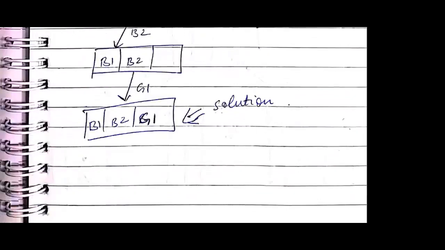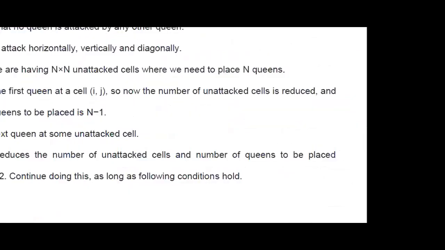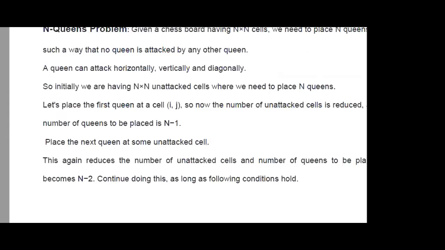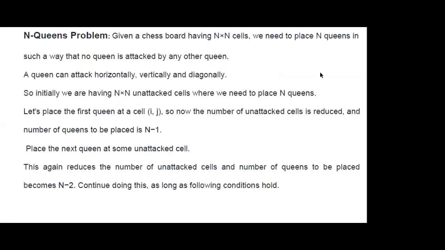Let's take an example so that the basic backtracking procedure becomes clear to you. I am taking a popular example called the n queens problem, and I think all of you have played on a chessboard, so you already know what a queen is in a chess game.